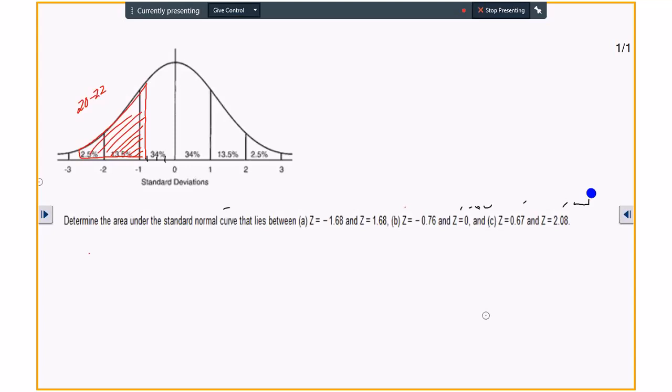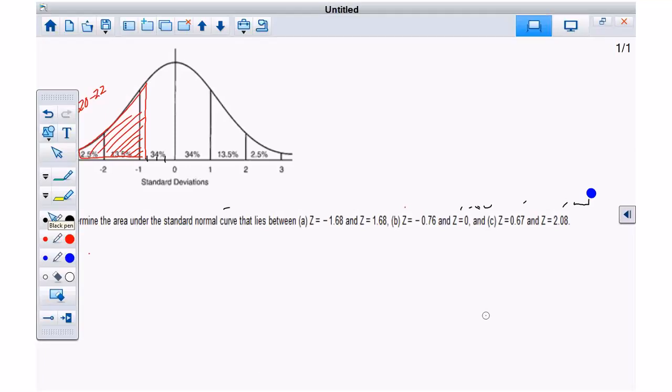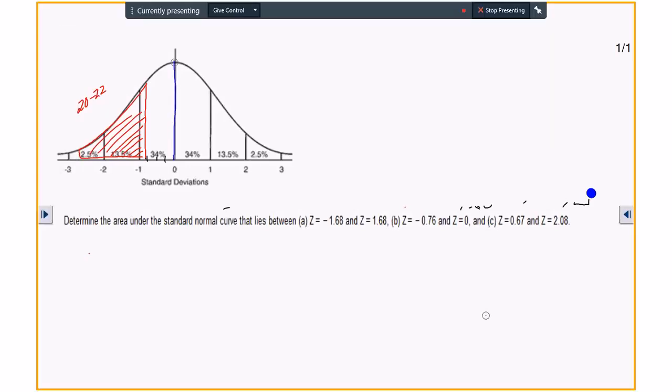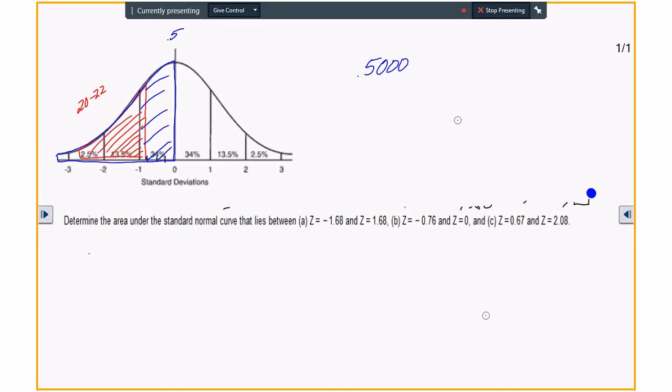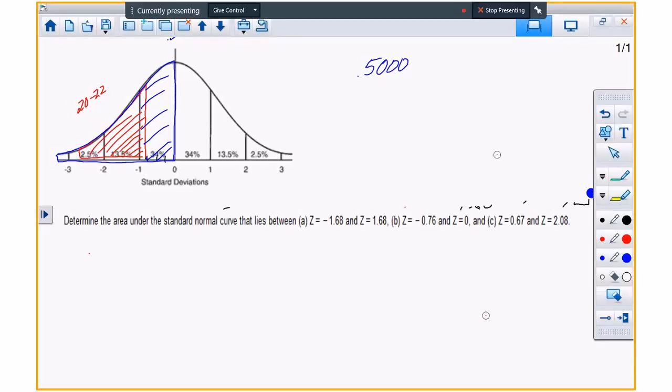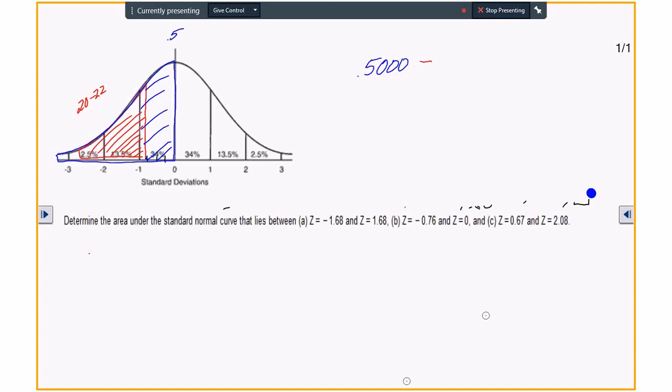So I know that 0, I can do 0 in my head. 0 is 0.5. Should be 0.5, but you can look in your table and see. Somebody give me what you read for the red in your table.